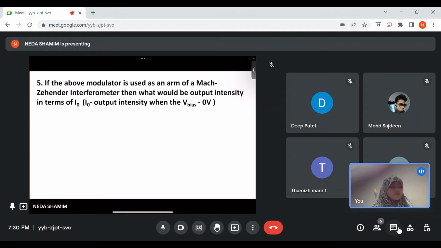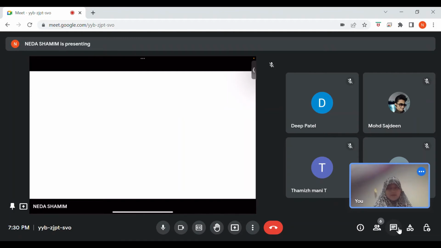So if the above modulator is used as an arm of a Mach-Zehnder interferometer, then what would be the output intensity in terms of I0? I0 is the output intensity when my V bias is equivalent to 0 volt. Okay? So how are we going to do this?